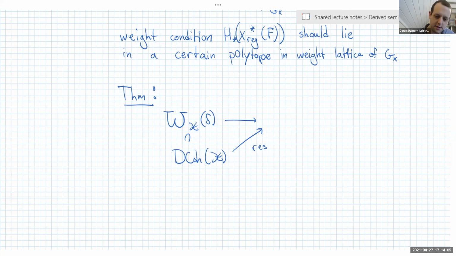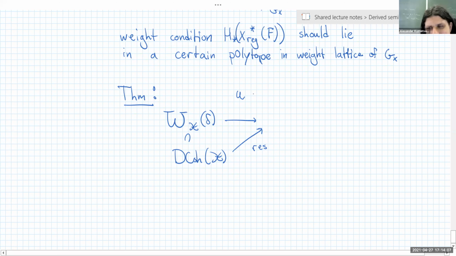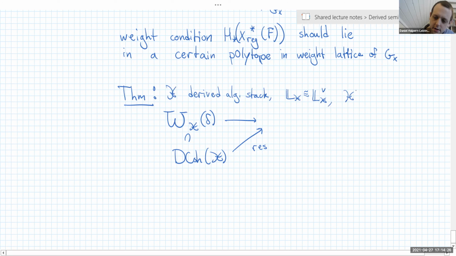So the theorem is that X is a derived algebraic stack, L_X is isomorphic to L_X dual, and X classical has a good moduli space.